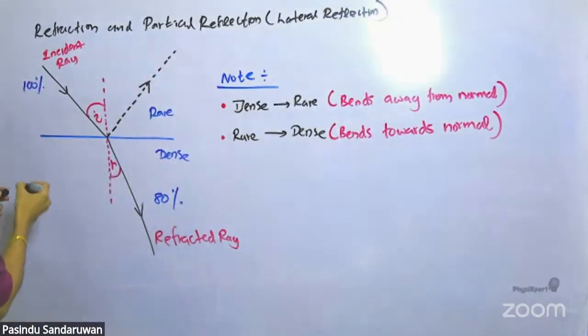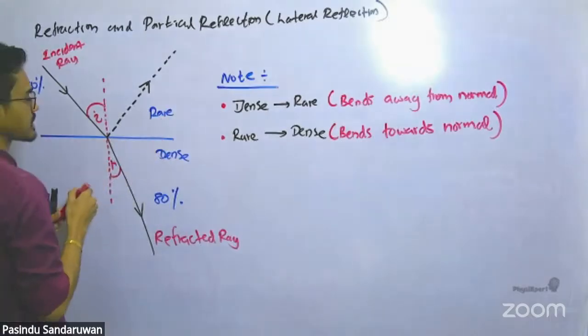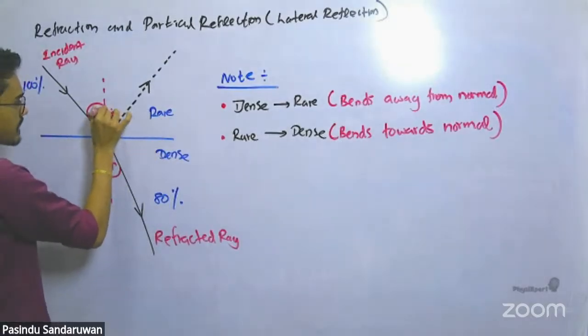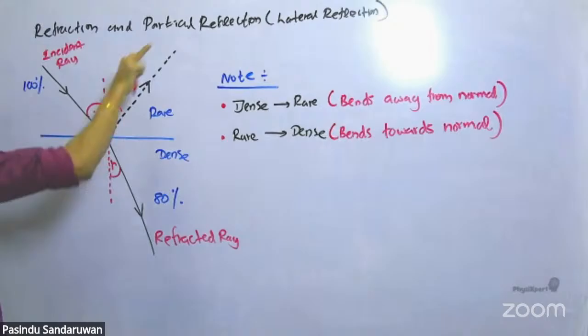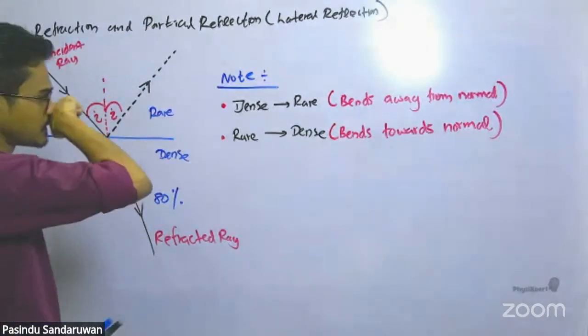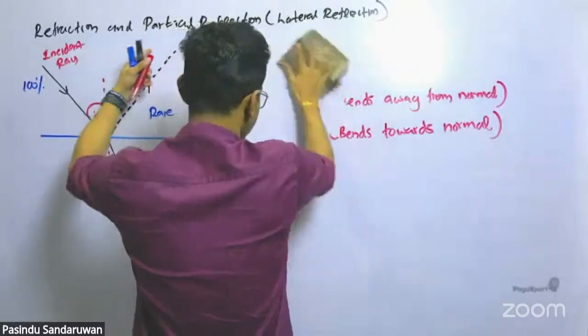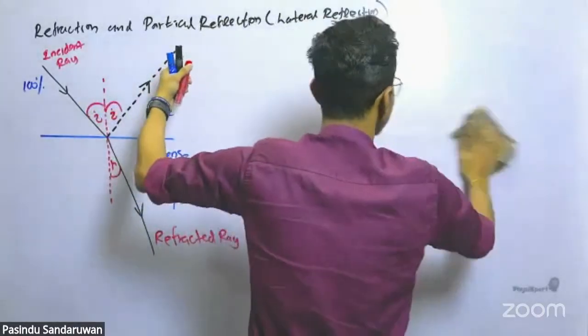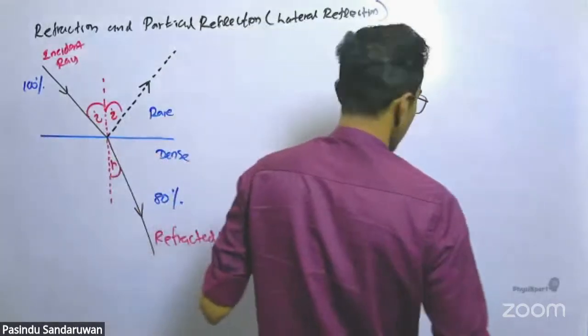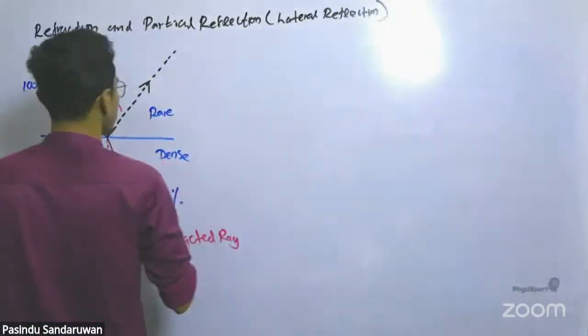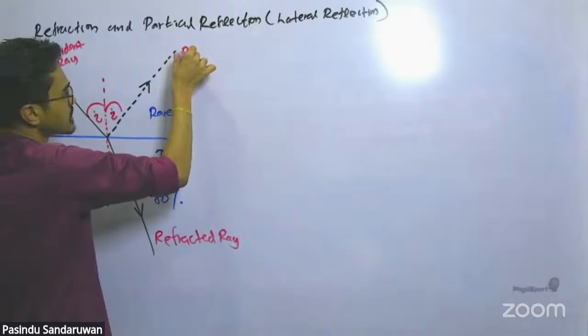Reflected back to the same medium. From the laws of reflection, we know the angle of incidence and the angle of reflection are the same. So if this is i, this is also i, and it is reflected back. This ray is called the partially reflected ray, and this phenomenon is called partial reflection.